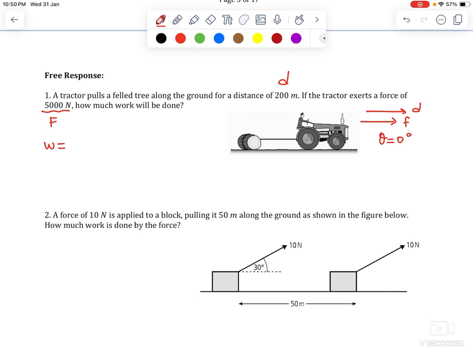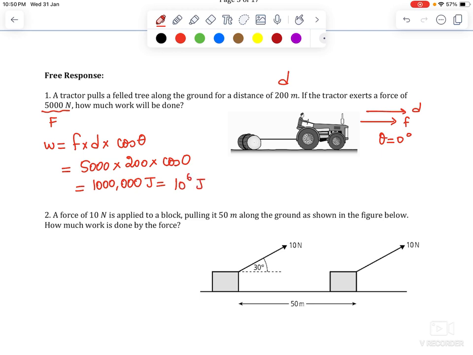Applying work is force by distance by cosine of the angle, so it is 5,000 by 200 by cosine of 0. It will give me a total of 1 million joules, which is 10 to the power of 6 joules.